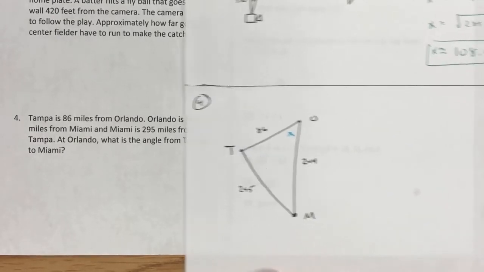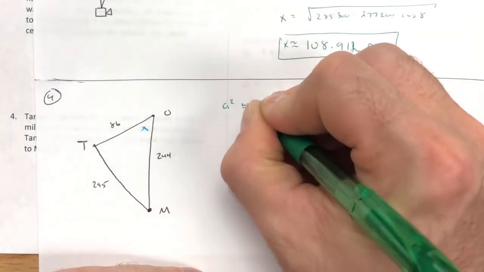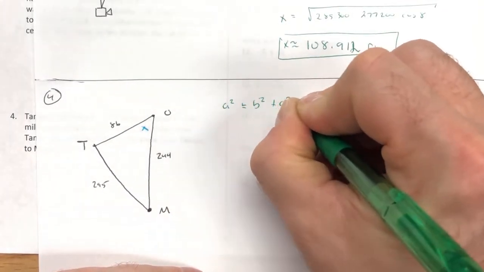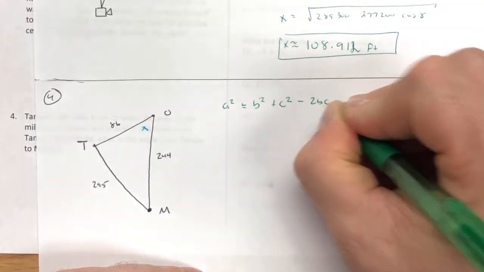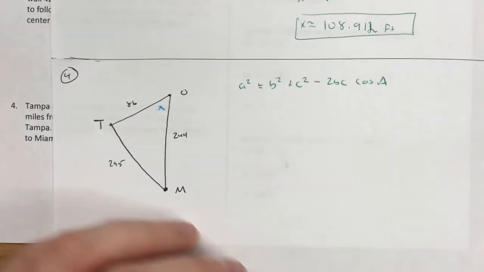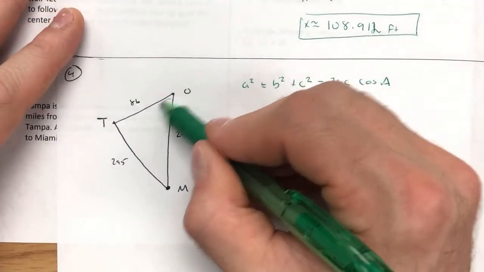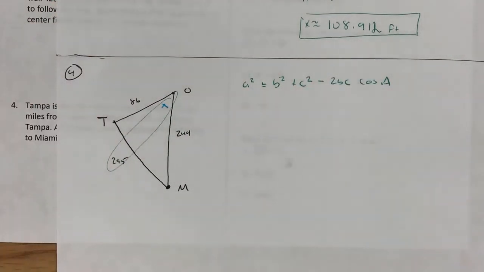And we just did the law of cosines. So we said it is a squared equals b squared plus c squared minus 2bc cosine of a. Okay. So what we're going to do is we're going to classify our a as this. This is our a value.